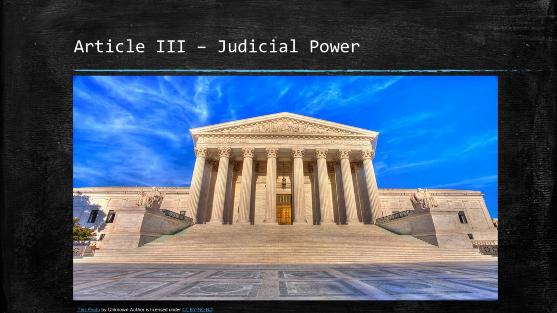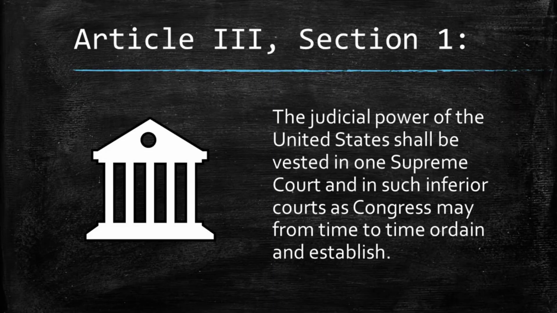That is Article 3 of the Constitution. Basically, Article 3, Section 1 vests the judicial power of the United States in one Supreme Court and in such inferior courts as Congress may from time to time ordain and establish. So Congress is going to have that power to create additional courts, or they don't have to create any courts.